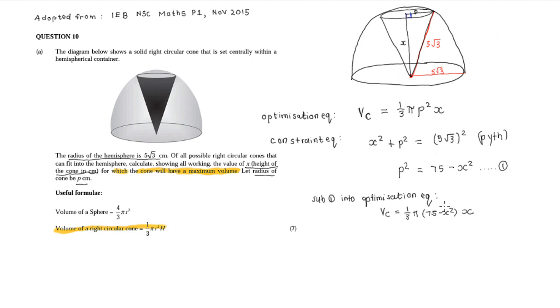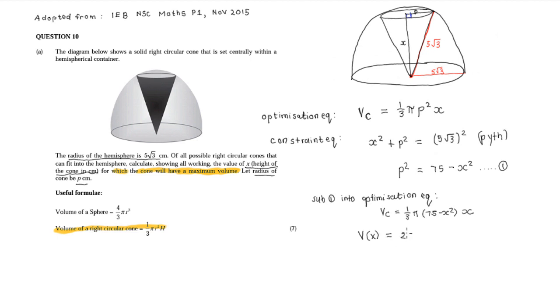Then we can distribute this x into the bracket, together with distributing this 1/3 pi into the bracket as well. This will then allow us to write this as v of x, because now we have the volume of the cone in terms of the variable x.